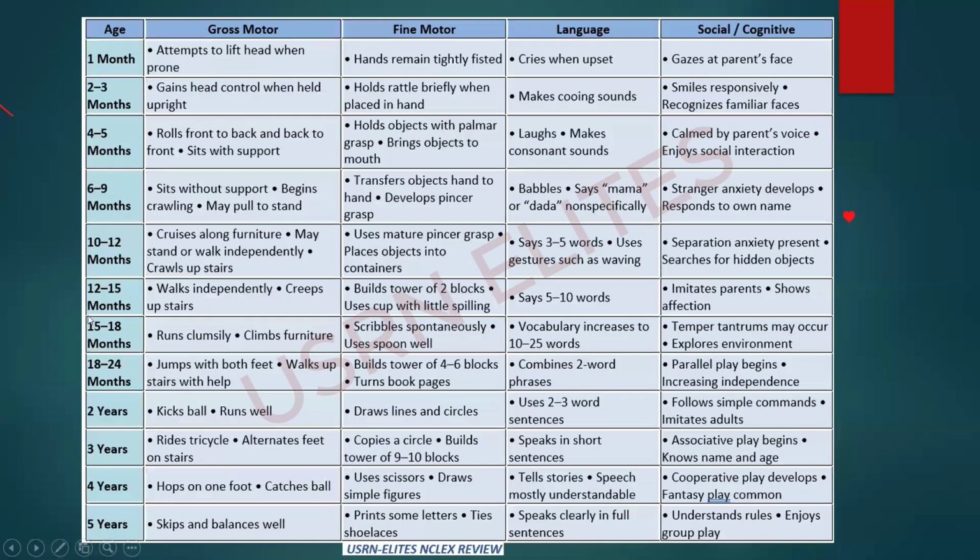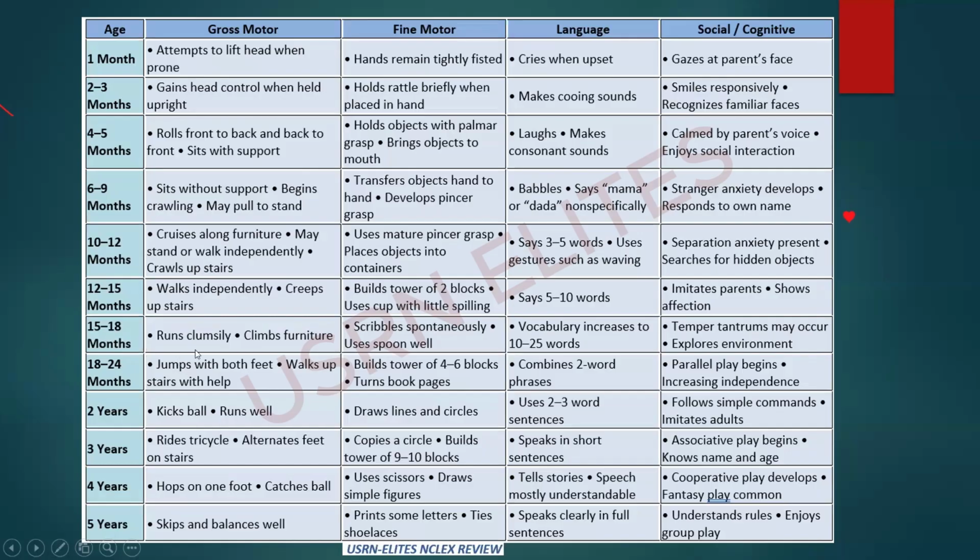Okay, so it's a range between 15 to 18 months. So by 18 months, if this child hasn't been able to reach about 25 words, still the pediatrician will not be concerned.